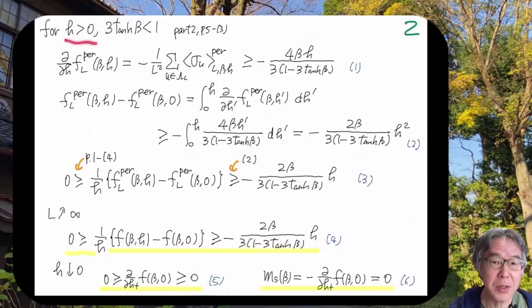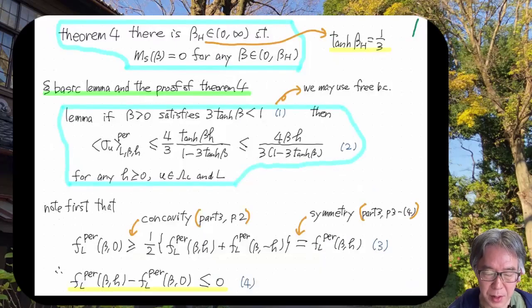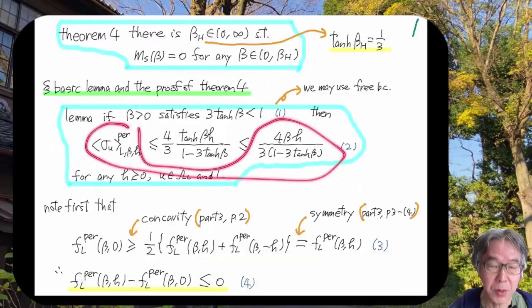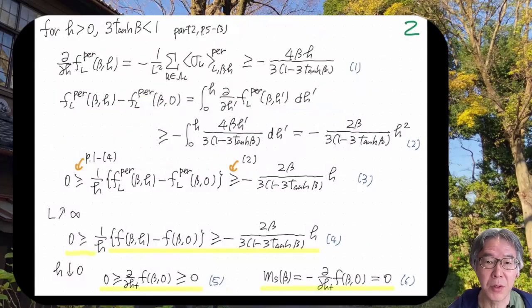Now I suppose that h is strictly positive and beta is in this region. Now if I differentiate f with respect to h, which is again standard, we get the expectation value of the magnetization density, with a minus sign. And since this satisfies this inequality, I will plug this inequality in.